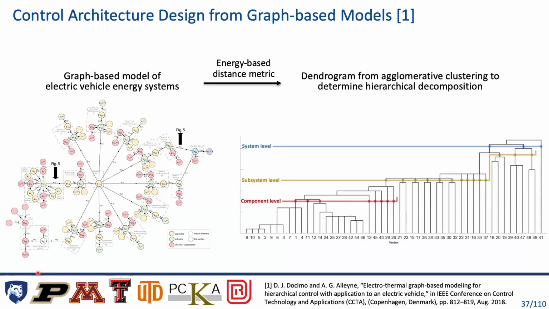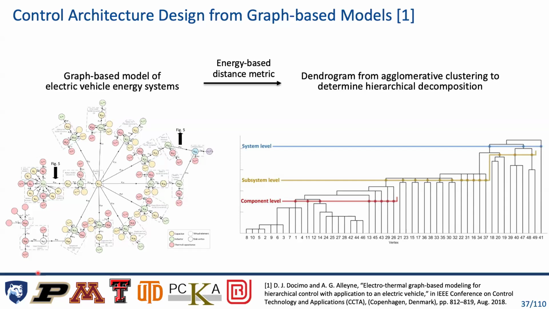Here, Donald, in his work, looked at modeling an electric vehicle energy system as a graph. In this case, this graph has around 50 states. You can see the structure of that here. And all 50 of those states are shown on the horizontal axis of this dendrogram. He developed an energy-based distance metric to figure out how tightly coupled neighboring vertices are. Two tightly coupled neighboring vertices will show up as a connection that's low down on this dendrogram.